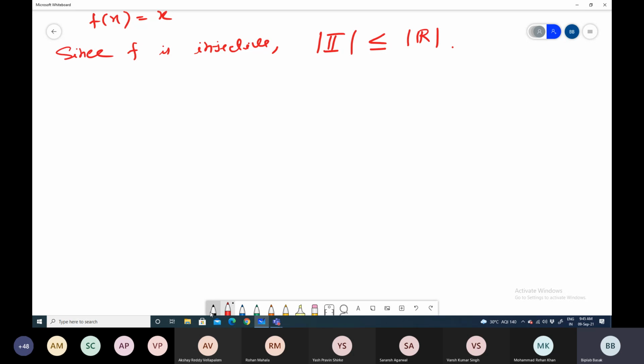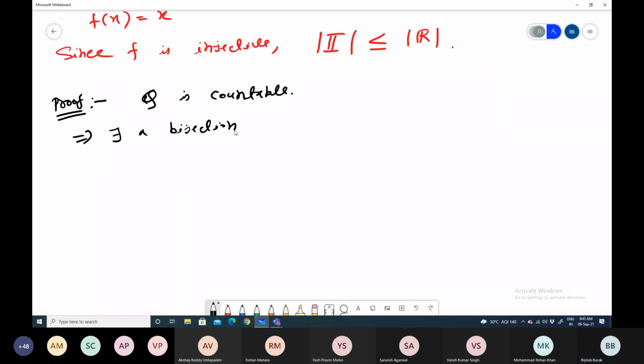So first of all, just adopt the trick because you may need it during your examination. Okay. So what we will do, we take the rational numbers Q. We know that Q is countable. Since it is countable, that implies there exists a bijection, say f from N to Q. Right?